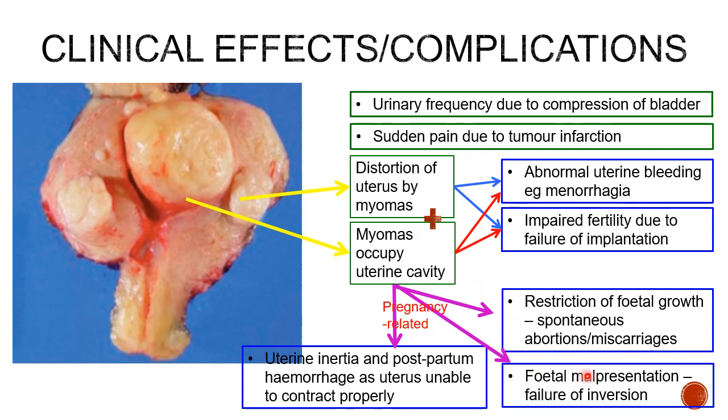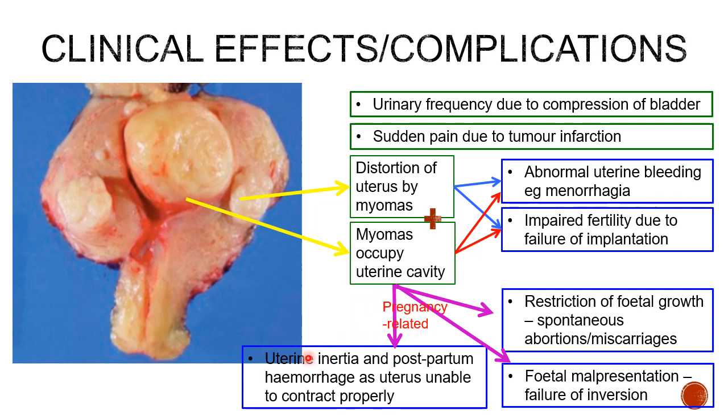Secondly, patients can also present with fetal malpresentation, i.e. failure of inversion, because you know that in normal birth, the head should go down, but during early pregnancy the head is still up here, so the fetus inverts close to delivery, but that can fail to happen because the myoma has occupied the uterine cavity.